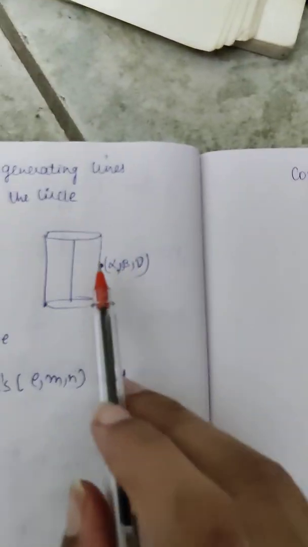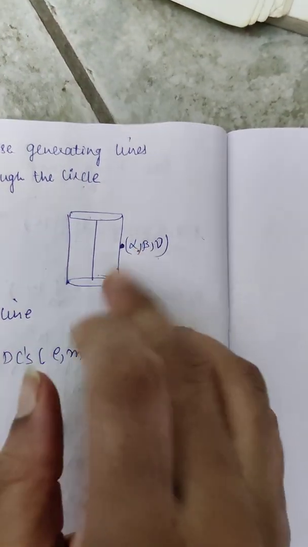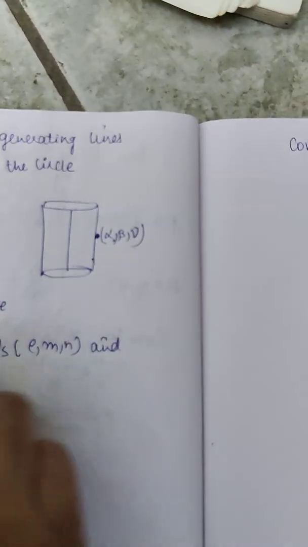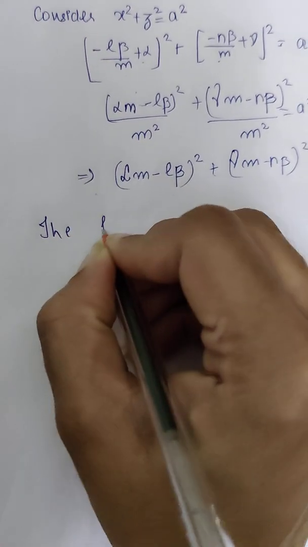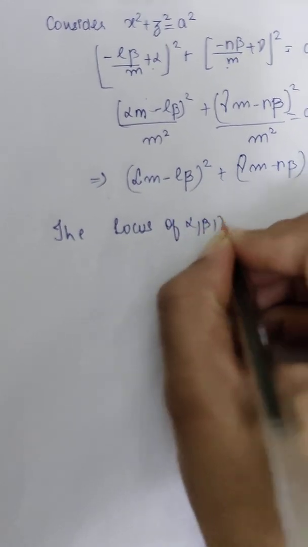Girls, this is one of the points of alpha beta gamma. If I'm going to take all the points like this of alpha beta gamma, it is going to form what? Cylinder. So instead of that, I'm going to write down the locus of alpha beta gamma. This is my cylinder, this is for one point, I need it for all the points.